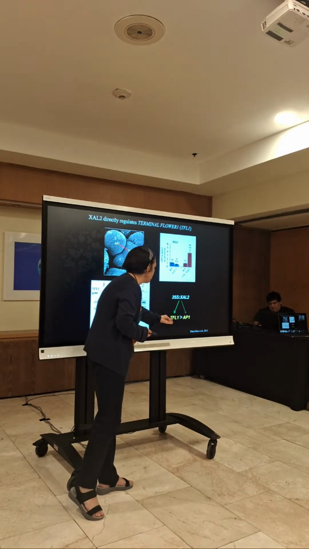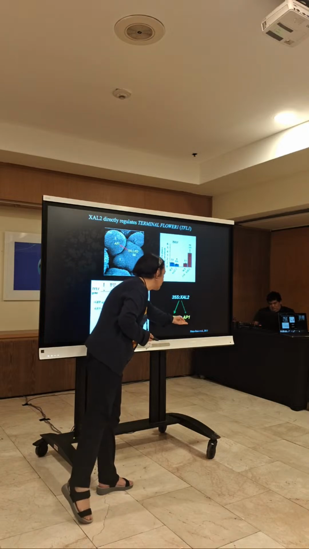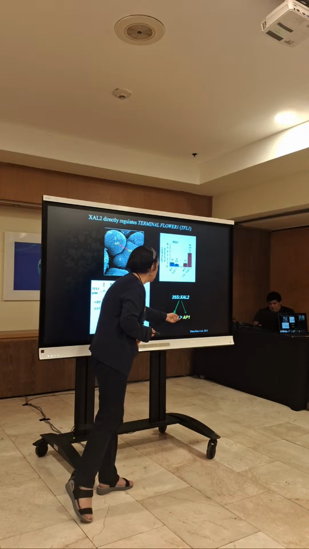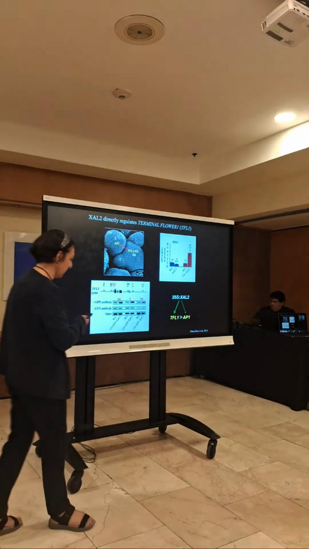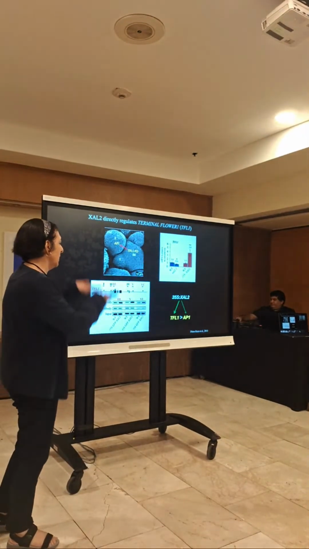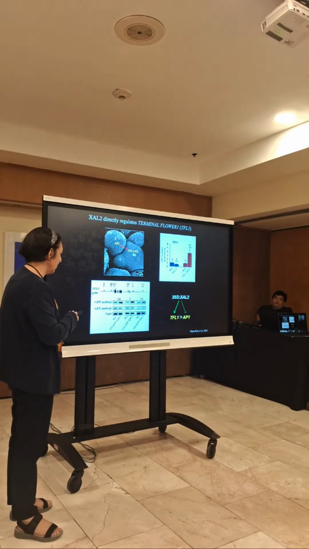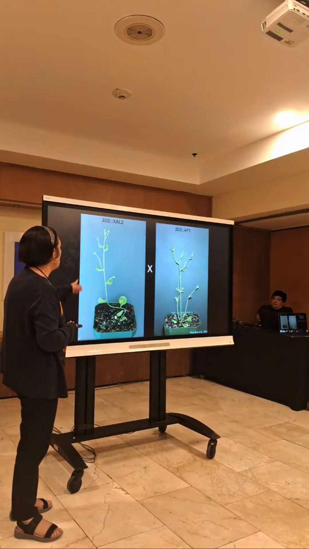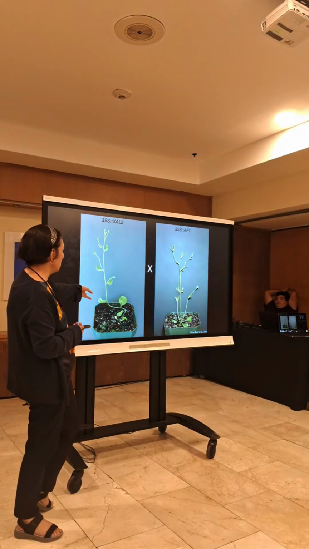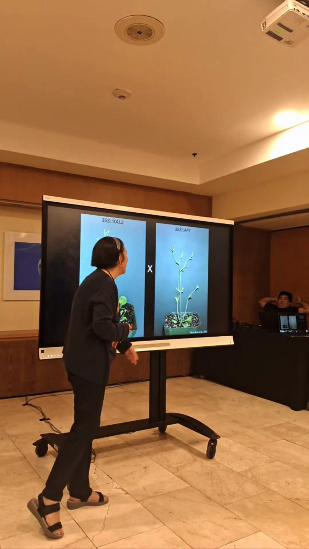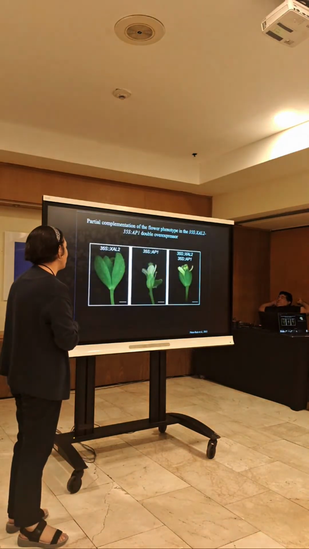We have upregulation of TFL1 and we have also upregulation of AP1, but we figured that maybe TFL1 was overexpressed compared to AP1, so if we upregulate AP1 again, it could complement this phenotype. So we crossed the Chantal 2 overexpression line with the AP1 overexpression line, and that was the case.